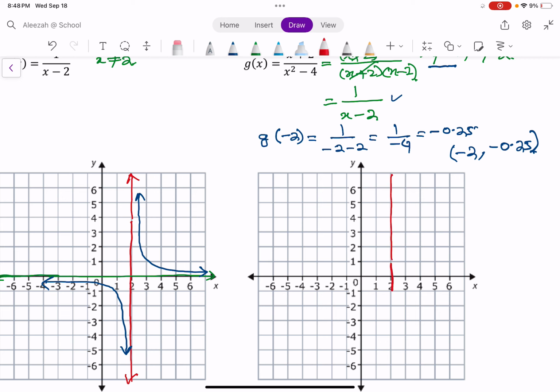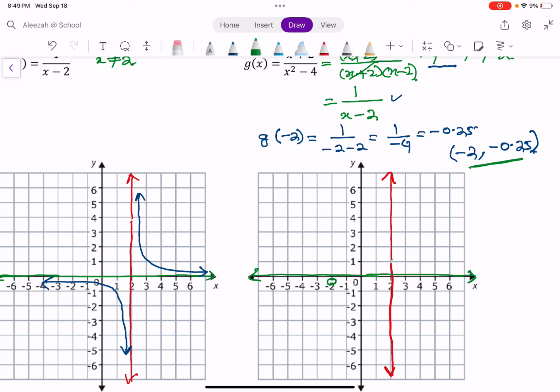That is my vertical asymptote, and that is my horizontal asymptote, right? But this point cannot be on my graph, because x cannot be negative 2, so I have to locate that point. When x is negative 2, the y value is negative 0.25. So this is the point. This point cannot be on my graph, right?